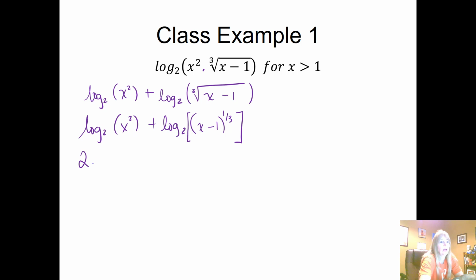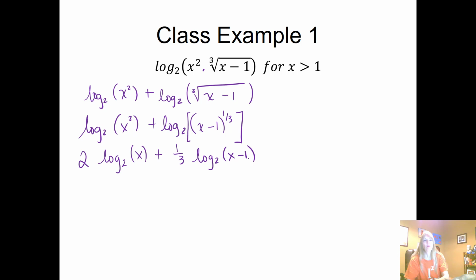So I bring the 2 down, log base 2 of x, bring the 1/3 down, log base 2 of x minus 1. And now I have actually written this out using my log properties. I went from a product to an addition and subtraction, in this case just addition, but then using my power properties as well.